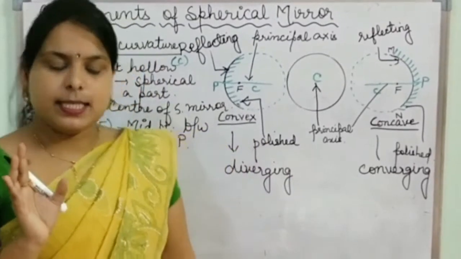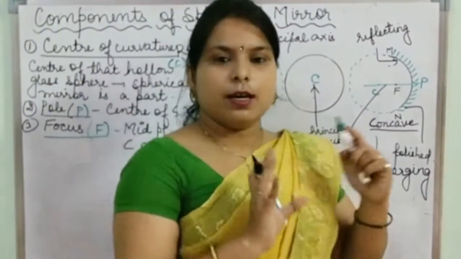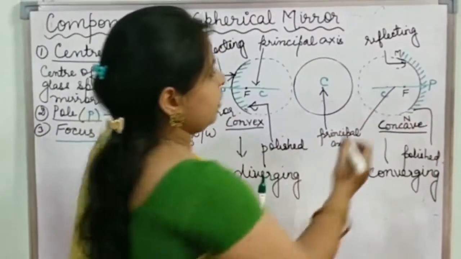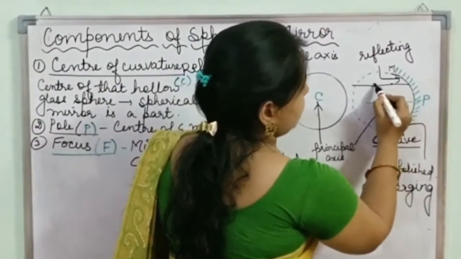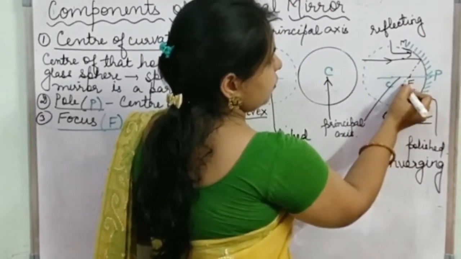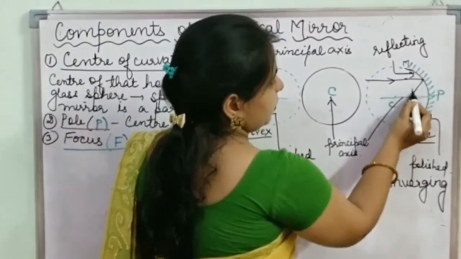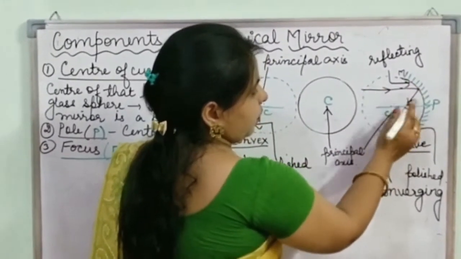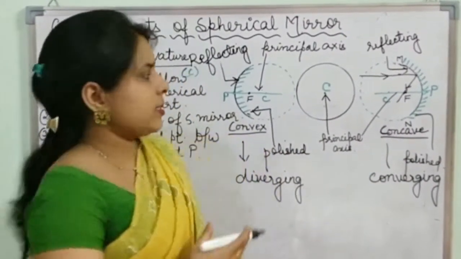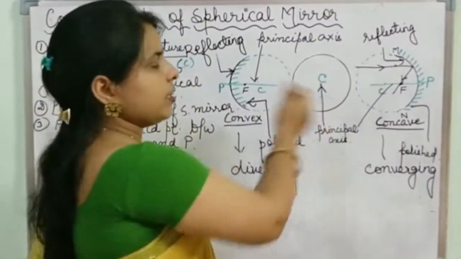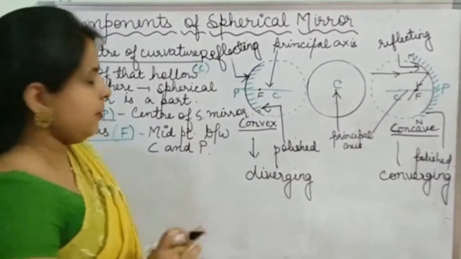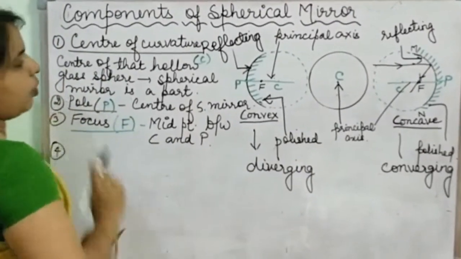There is a second definition, children, which is related to ray diagrams. The rays that go parallel to the principal axis, after reflection pass through the focus. The point through which they pass is also called the focus. We will discuss that in the next video, where we will discuss ray diagrams. So mathematically, just remember, it is the midpoint between C and P. Now coming to the fourth component.